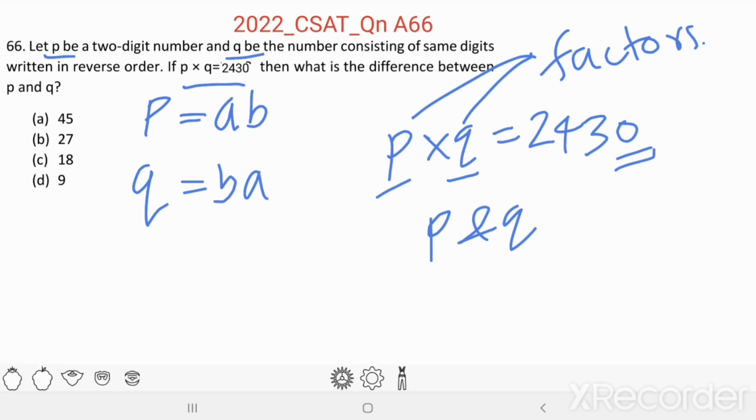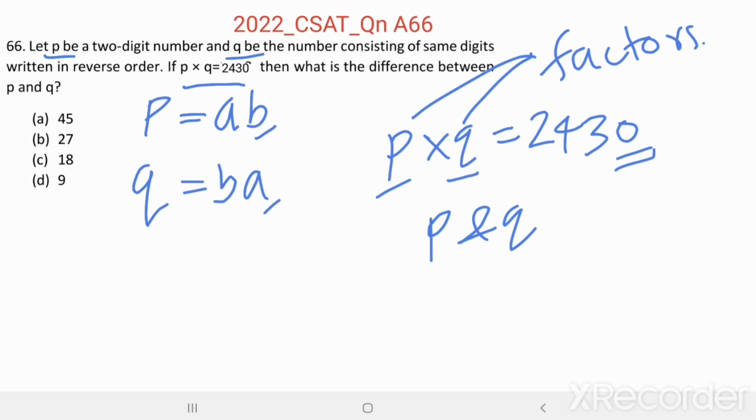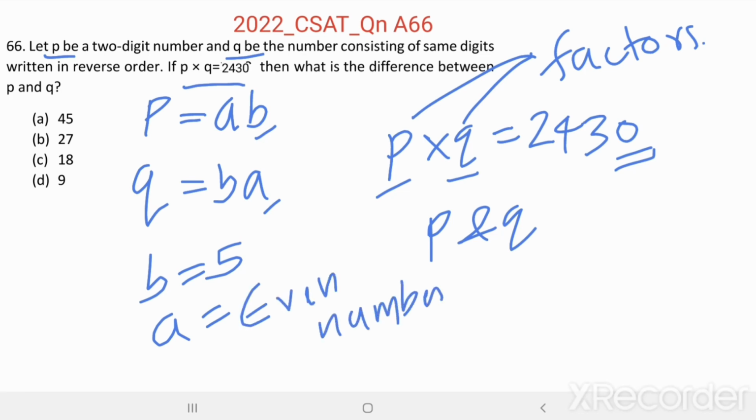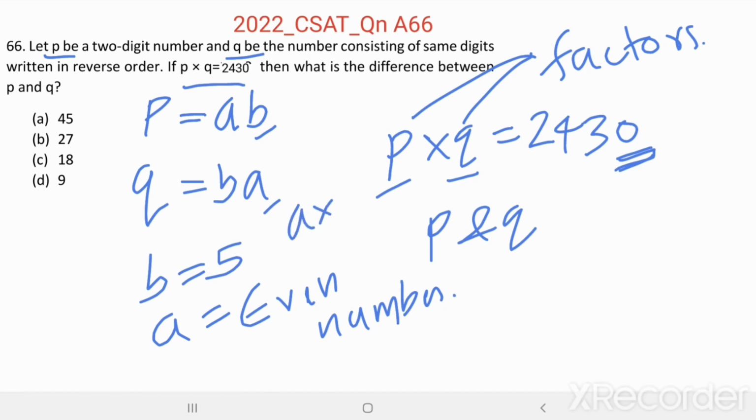To get units place digit equal to 0, either B or A should be 5. Suppose B equals 5, then A should be an even number. Then multiplying A and B, even number into 5, we get the last units place digit equal to 0.